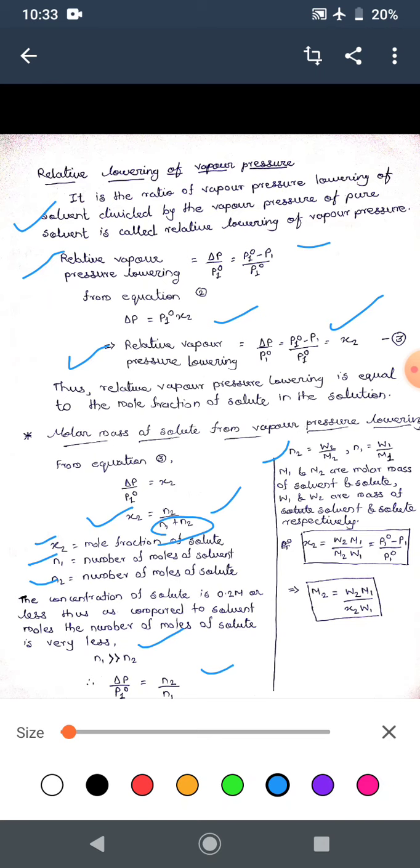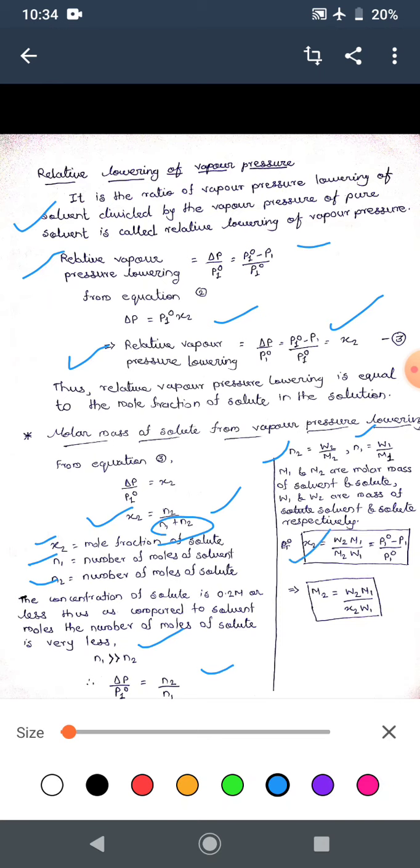N1 is equal to W1 upon M1, where W1 is the mass of the solvent and M1 is the molar mass of the solvent. So we can substitute the value of N2 and N1. After substituting, the equation becomes delta P upon P1 naught, which is equal to x2, is equal to W2 into M1 divided by M2 into W1.